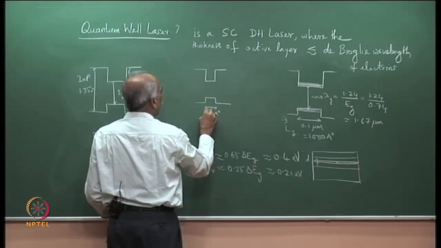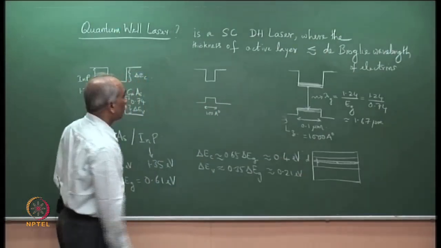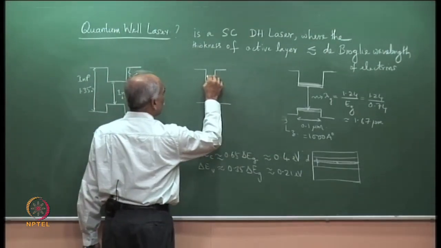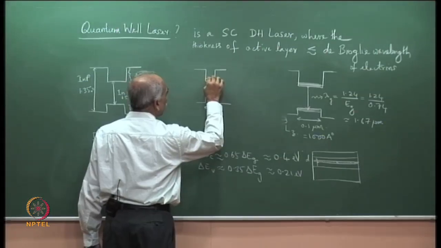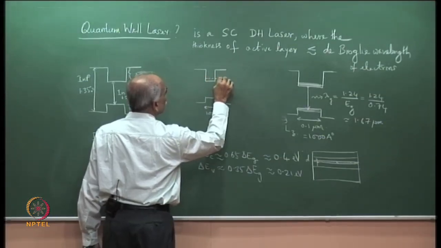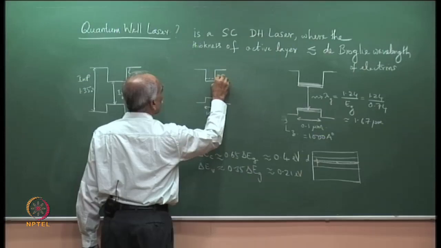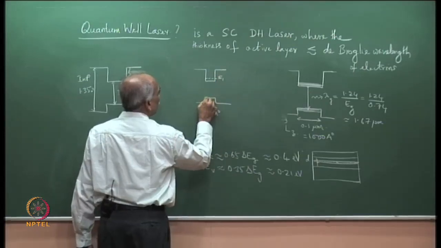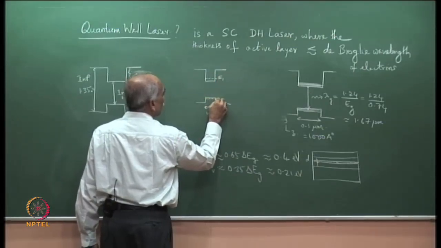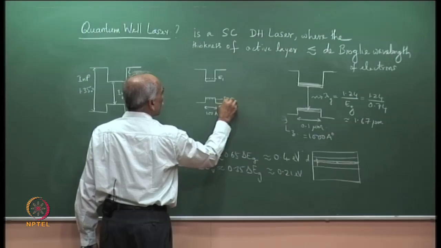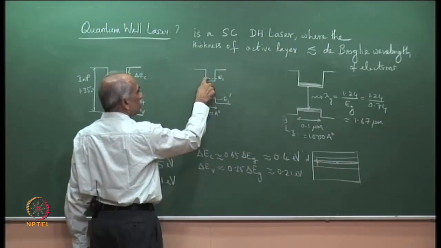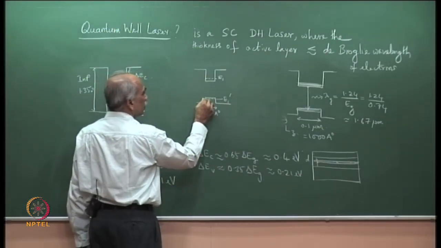So, it is a quantum well now, and therefore, energy levels are discretized. So, if I look at E1, E1 is here. So, this is E1, and E1 dash is also here, which means the lowest allowed energy is here.